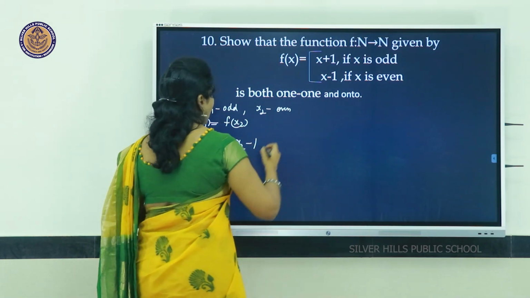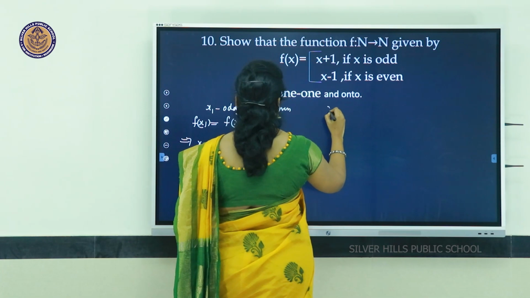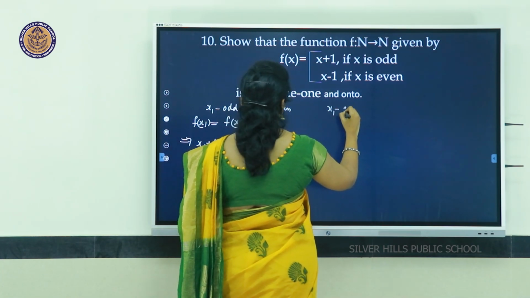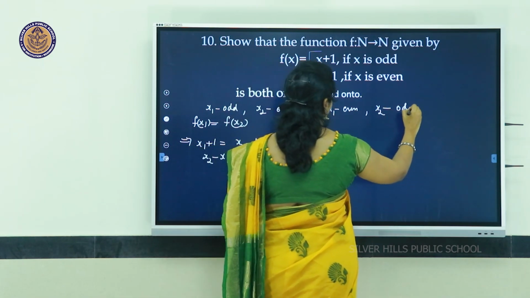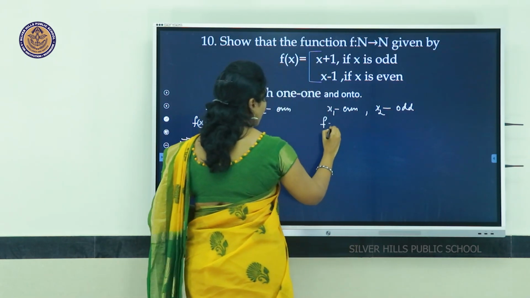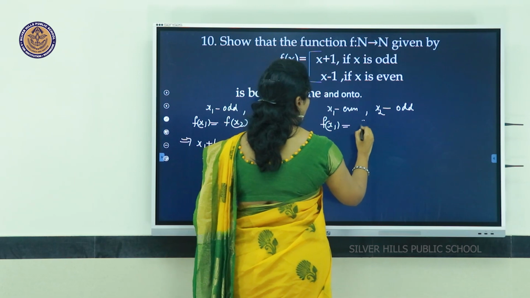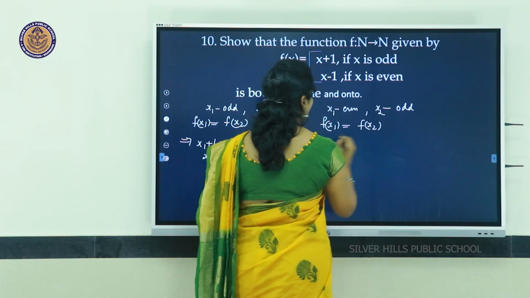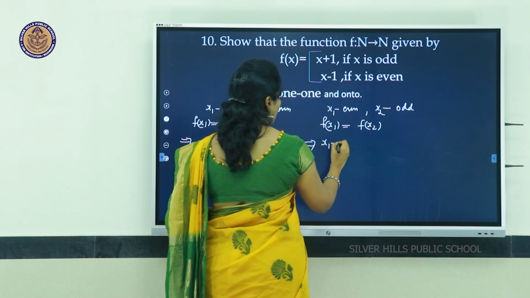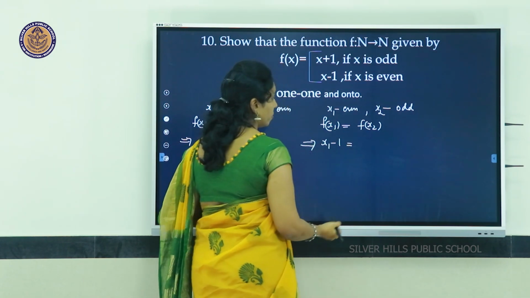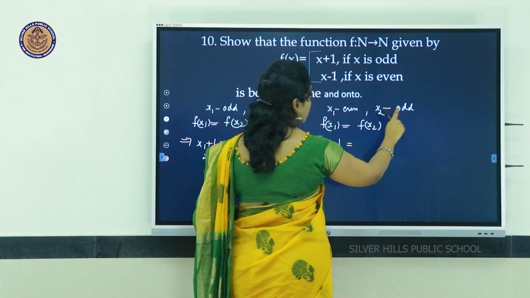Now, let us check the second case, where I take x1 as even and x2 as odd. f of x1 equal to f of x2 implies, even means here x1 minus 1 is equal to f of x2, x2 is odd.